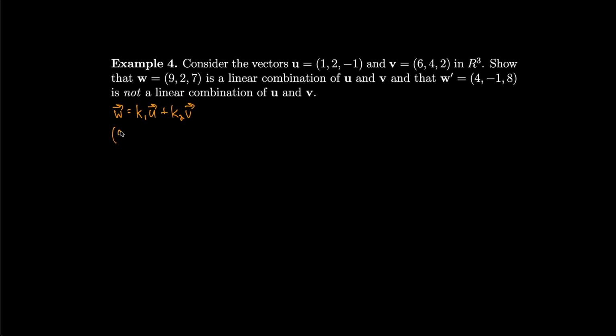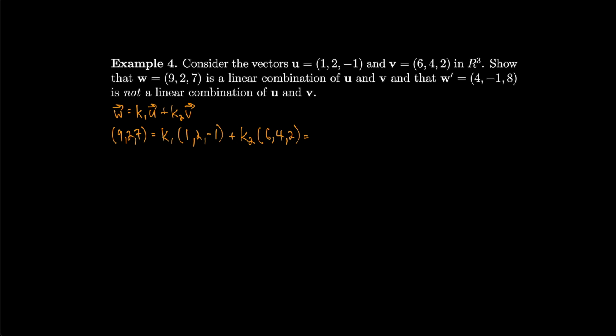So remember, W is (9, 2, 7). So we have to write that as K1 times what U is, which is (1, 2, -1), plus K2 times what V is, which is (6, 4, 2).